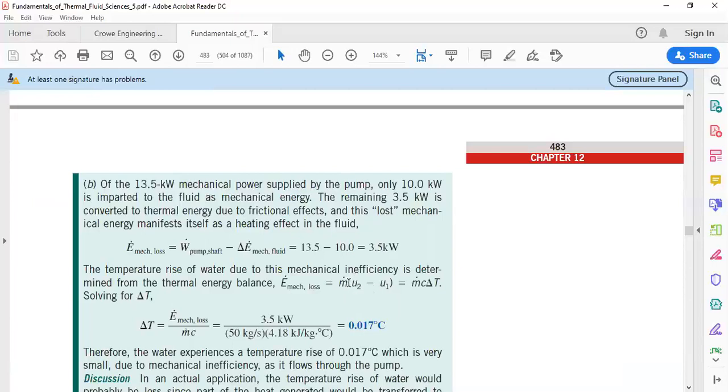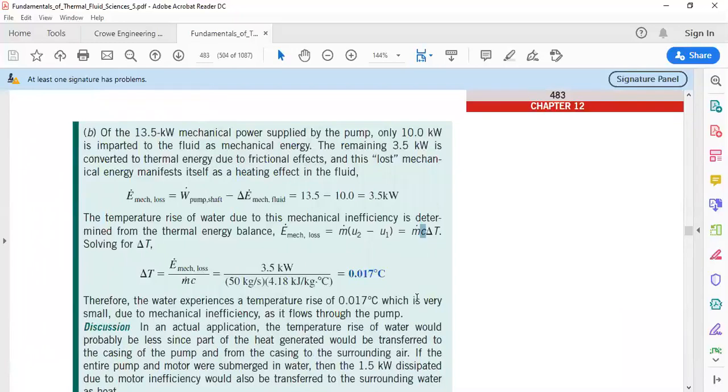And as we learned back in chapter 5, the change in the internal energy for incompressible substances, like liquid water here, equals the specific heat times the temperature increase. Solving for delta T gives 0.017 Celsius degrees, after plugging in the value for the specific heat of water, which is 4.18 kilojoule per kilogram Celsius.